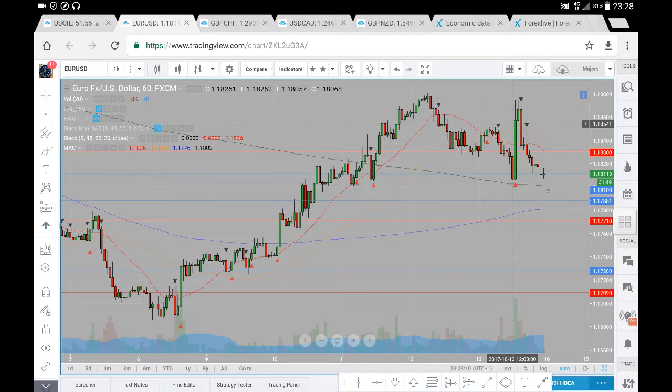Before we get to 1.1770, we do have the 200 period moving average, currently sitting at 1.1780. But if we do retrace heavily with momentum, I do expect 1.1770 to be met.